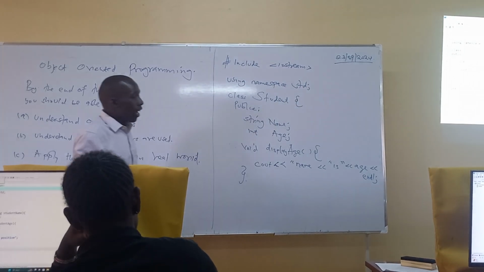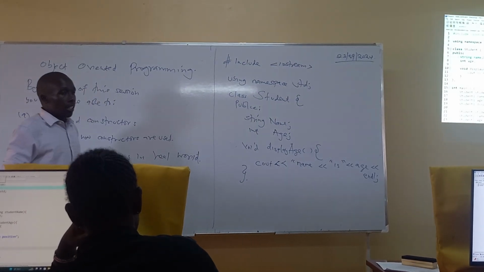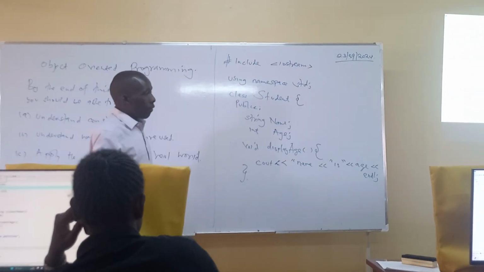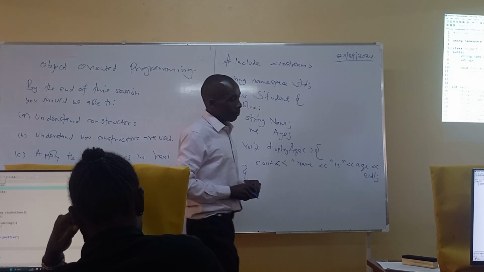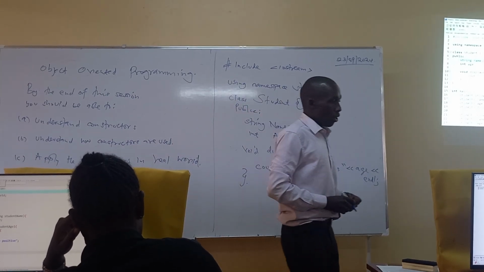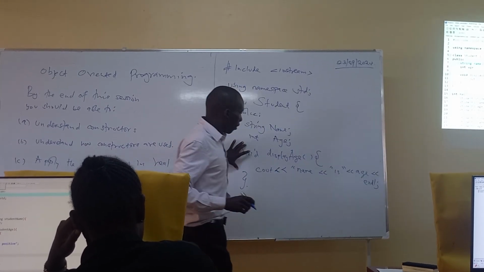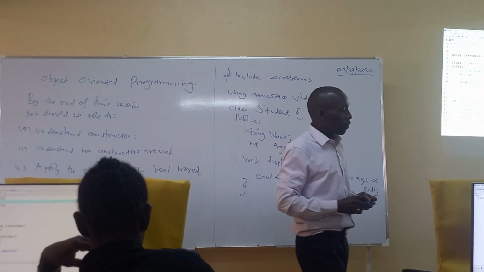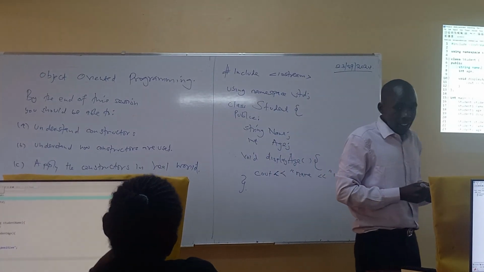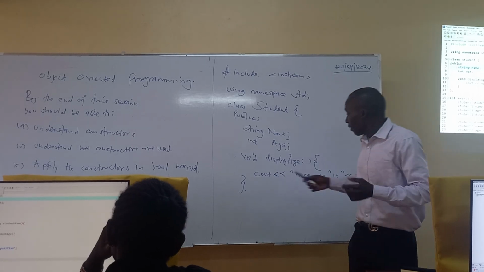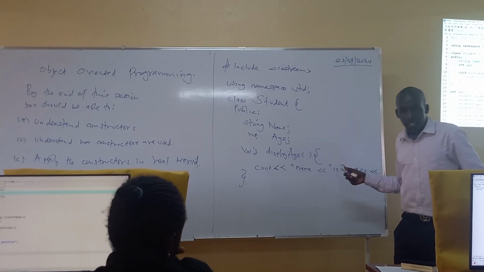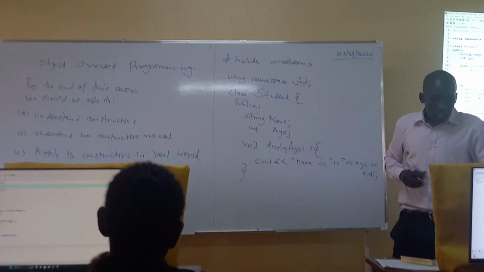Now, I want us to come up with the concept of constructors. We have agreed that a constructor in C++ is a special method. It's just like this method, but it's a special method. When we say special, it means it's an advanced method inside a class. Right?